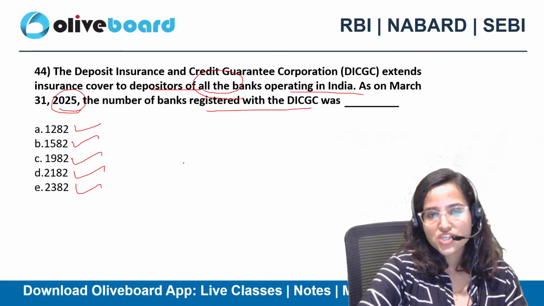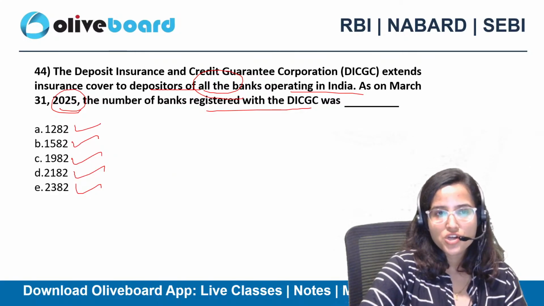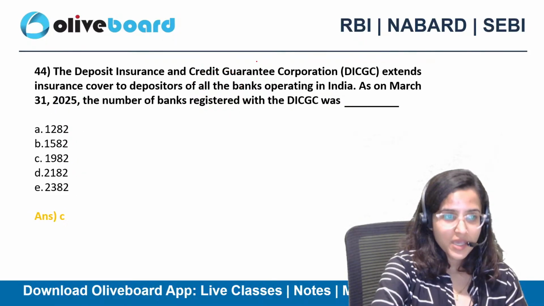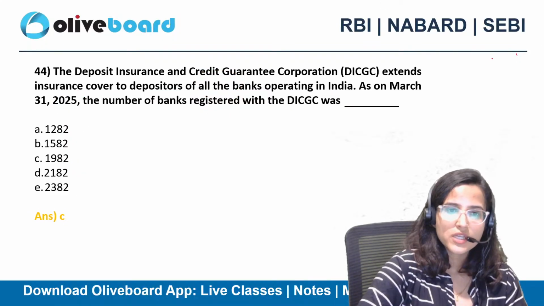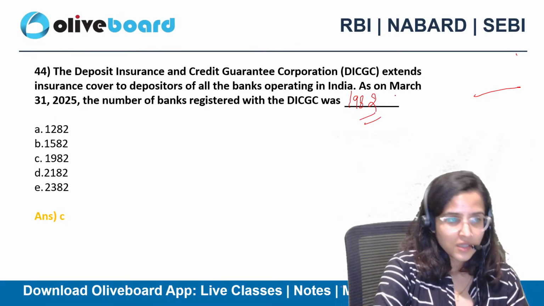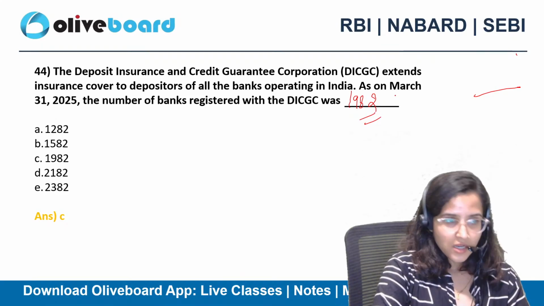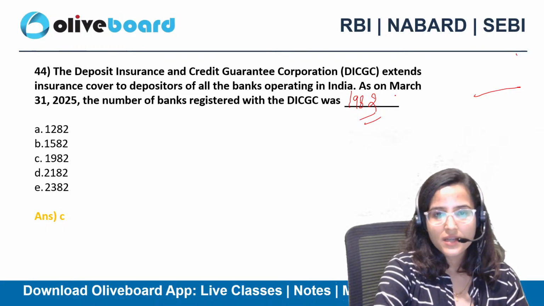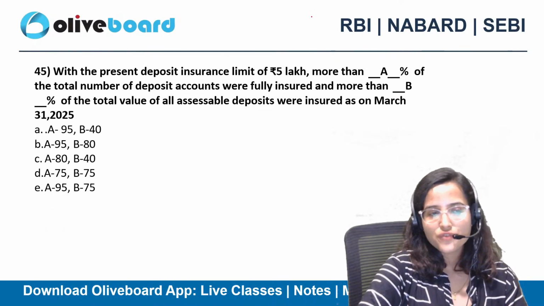Number of banks registered with DICGC, Deposit Insurance and Credit Guarantee Corporation. 1982, Abhigyan is saying, which is absolutely correct. Yes, Anurag, 1982 is absolutely correct. John, not D, 1982. Last question for the day.